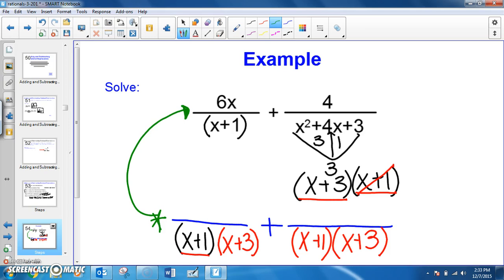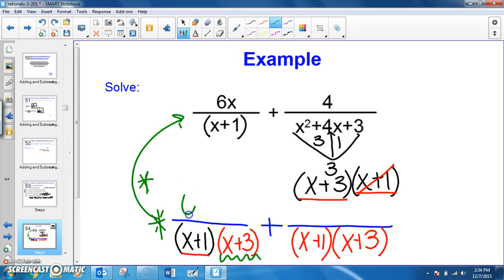What is in my common bars that was not in my original denominator? This x plus 3. So I need to multiply the numerator by x plus 3. So I get 6x times x plus 3.